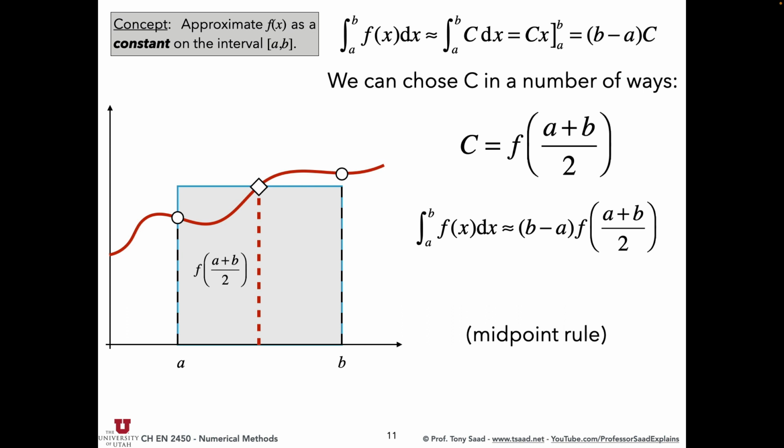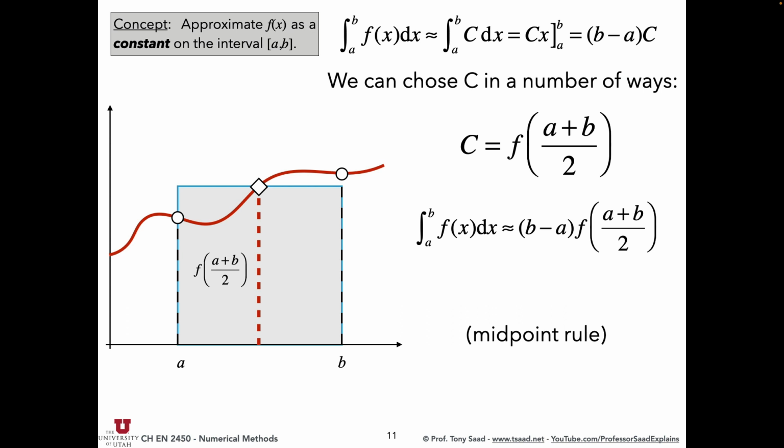Now, I'm applying this for an analytical function. Before we get to discrete data, I want you to think for a minute. If you have discrete data given as f of a, f of b, f of c, f of d, et cetera, which method is going to be easier to apply on discrete data? Left point, right point, or midpoint rule?